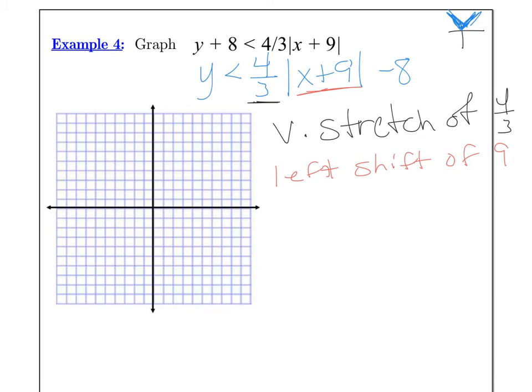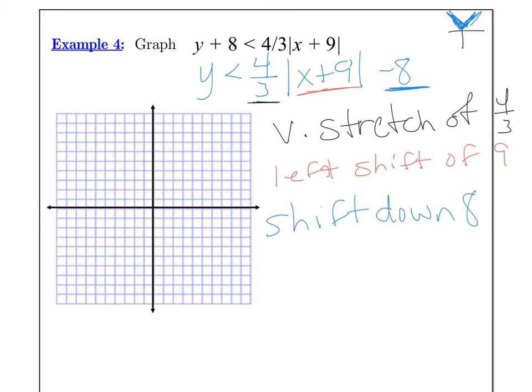So anything in parentheses or in absolute value bars, if it says plus, it's going to go left. If it says minus, it's going to go right. And then the minus 8 outside of the absolute value bars. So if you have a minus or plus outside of parentheses or outside of absolute value bars, that is a shift down 8. Okay, so I know that my vertex of my V shape, that should be at negative 9, negative 8. And then my slope should be 4/3.